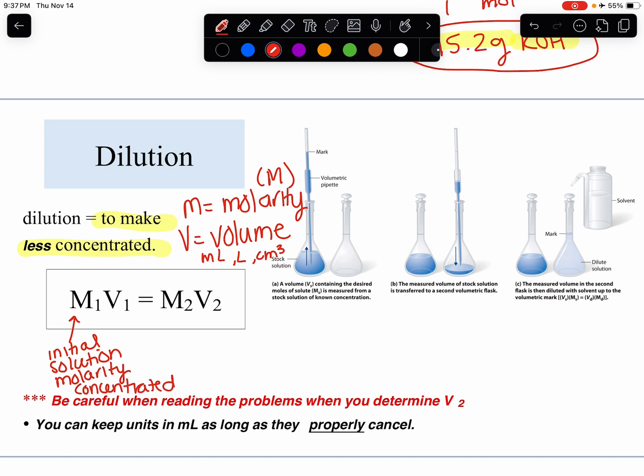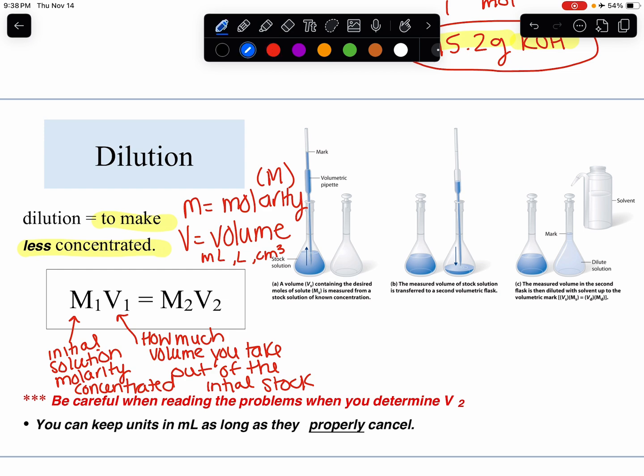Your volume is going to be how much volume, and again, that could be in milliliters or liters, you take out of the initial stock. Stock just means solution. So how much you are taking out, and I will describe this in a moment in picture form. So that's M1, that's V1.